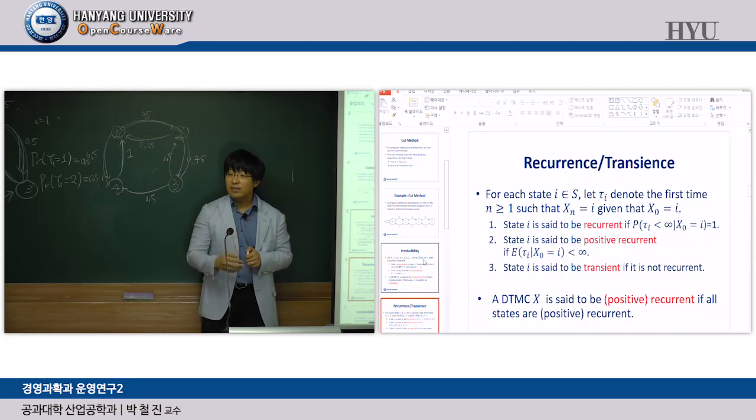So I'd like to introduce how to determine whether each state is recurrent. We can use the definition, but you need to know many mathematical techniques to figure out whether the state is recurrent or not, positive recurrent or not, based on the definition.